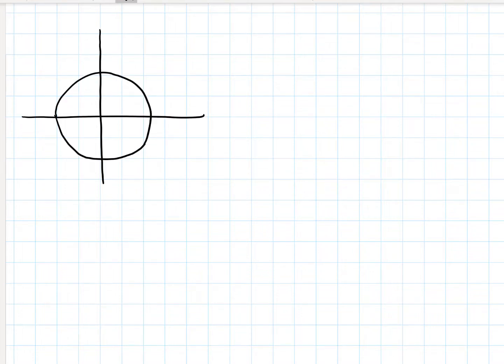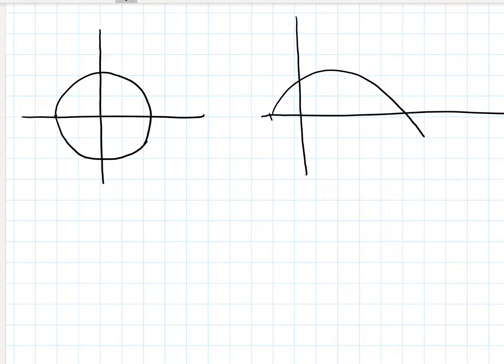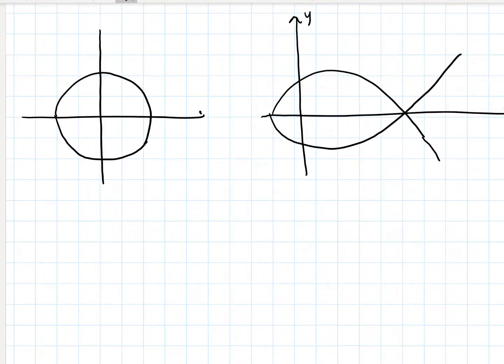So just for some motivation, we'll start with the circle. Even if you just had a circle, or if you had possibly a graph that had a shape that crossed over on itself, something like this. So this is in the xy plane. Both of these are in the xy plane.